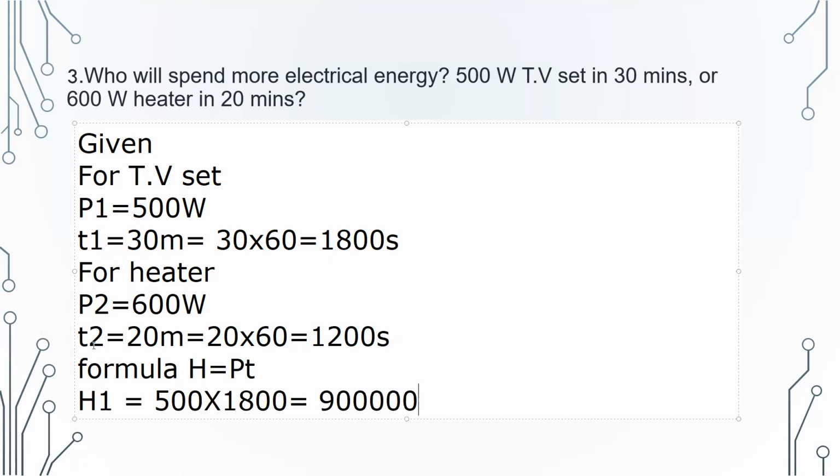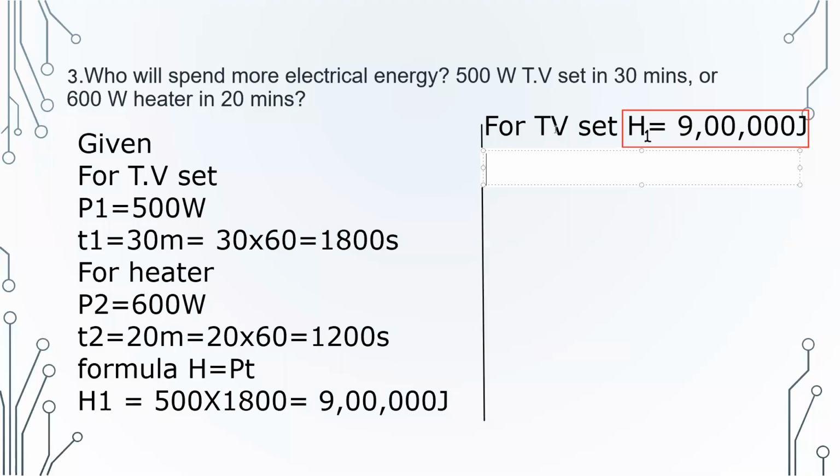Okay, so we got this much joules, unit of heat energy or electrical energy consumed. We took in watt and second, therefore unit is equal to joule. So we got 9 lakhs joule. This is for electrical energy consumed by TV set.